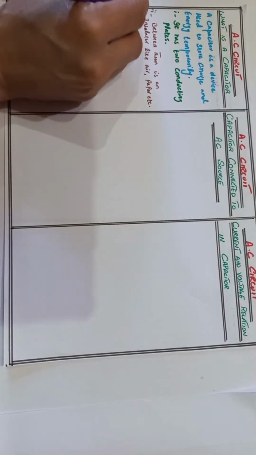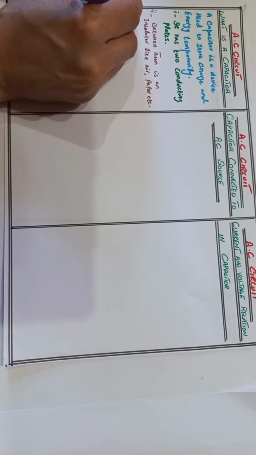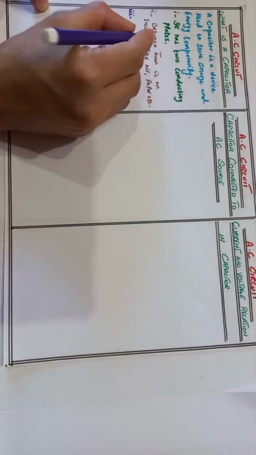Okay, what we discussed is that in one plate of the capacitor there is positive charge and on the other there is negative charge.